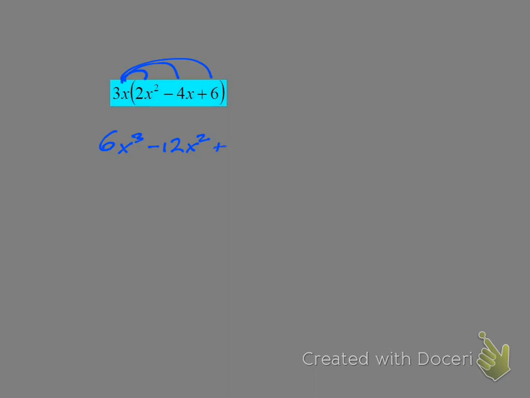Plus 6 times 3 gives you 18. And then you bring this x here along with it. Everybody good with that one? Makes sense?